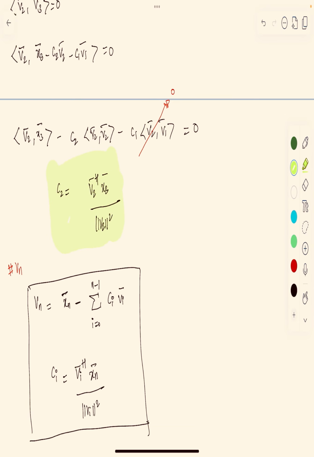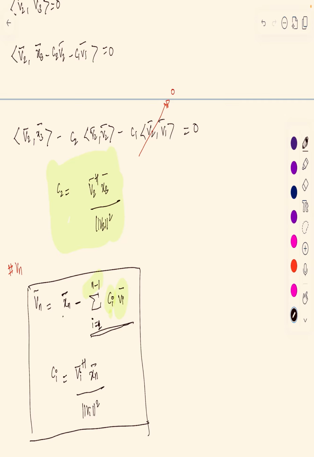The same philosophy carries forward for the nth vector also. The general expression for the orthonormal basis vector vn bar is xn bar minus the summation of ci vi bar, where ci is a constant and vi bar is an m-dimensional complex vector. I is spanning from 1 to n minus 1. There was a mistake earlier; this has to be i equal to 1.